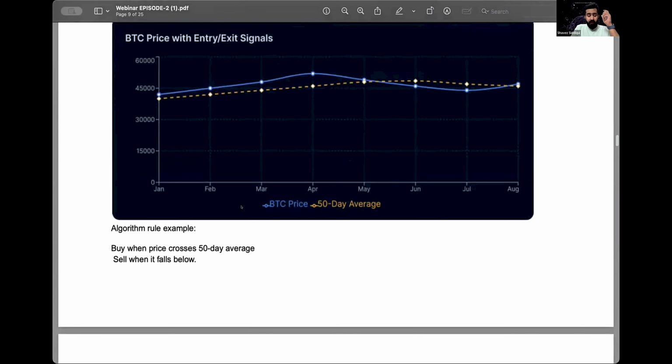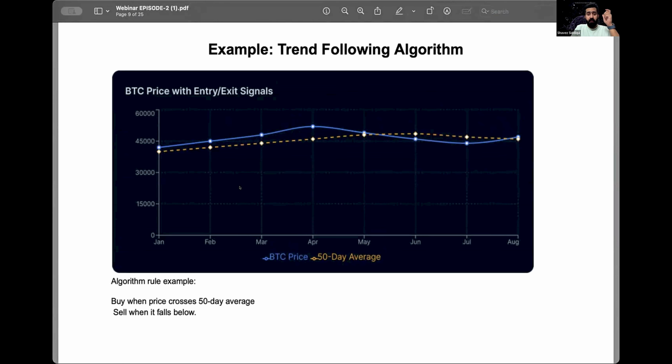So in this trend following algorithm example, what retail traders might have done is buy Bitcoin, and when it went low, sell with the movement of the market, and that's where they might have suffered loss from April to June.